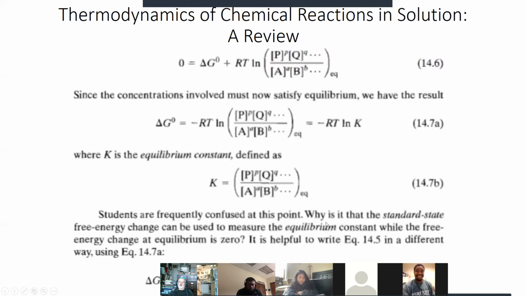The book goes through some similar calculations at equilibrium. Delta G would be equal to 0. It would be the standard state. We can rearrange this equation, and this would give you delta G naught is now equal to minus RT ln, where all of these concentrations are equilibrium concentrations, and therefore this becomes an equilibrium constant.